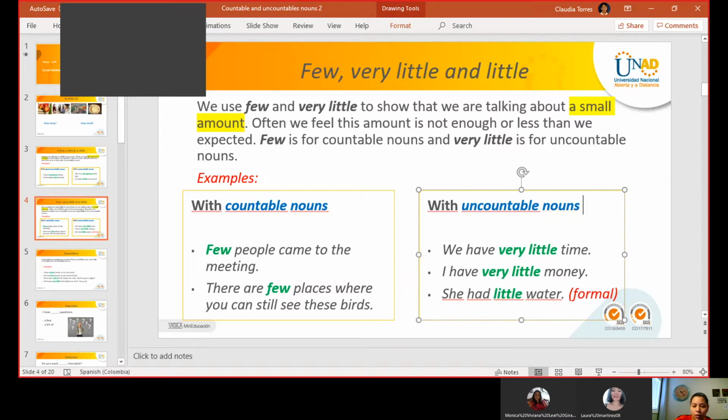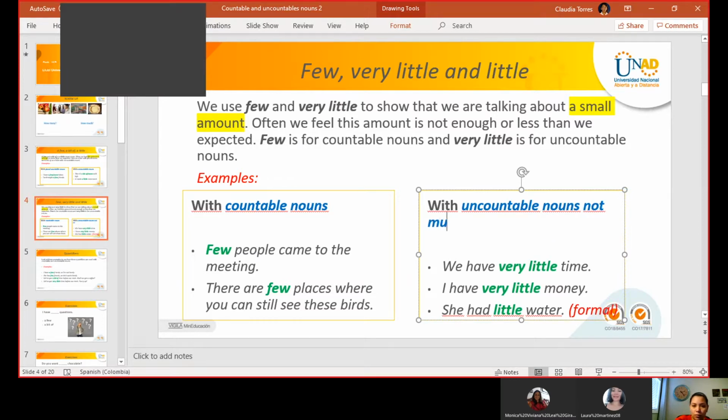So remember, with uncountable nouns, it's like you have not much. And with this one it's like not many. Okay, not many, not much. Or I have very little money.